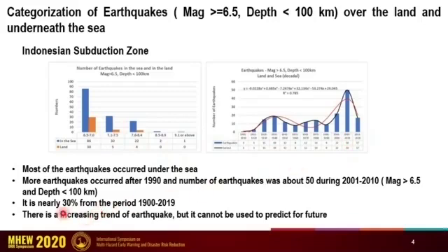It is nearly 30% from the period 1900 to 2019. So from the total period, this is 30%. There is an increasing trend of earthquakes over the Indonesian subduction zone, but it cannot be used to predict future possible earthquakes.